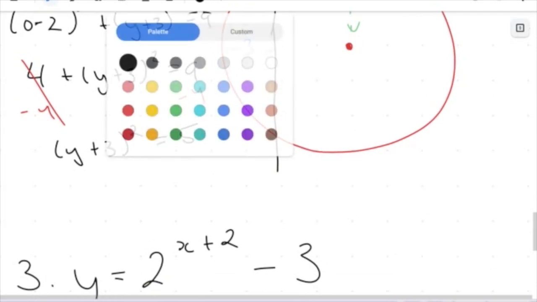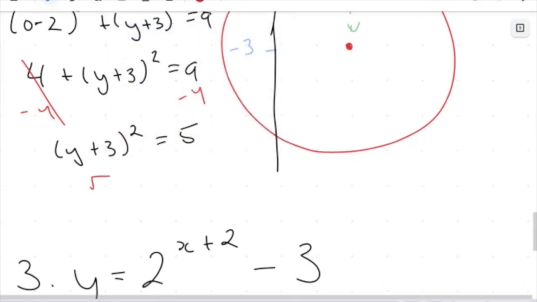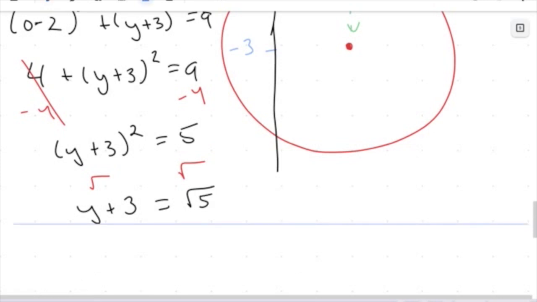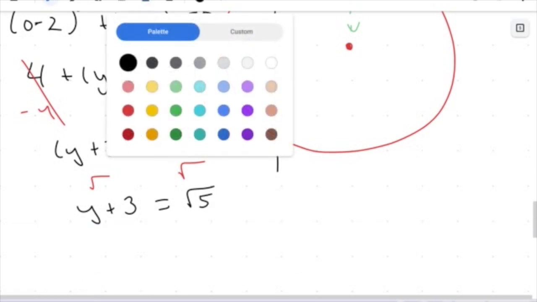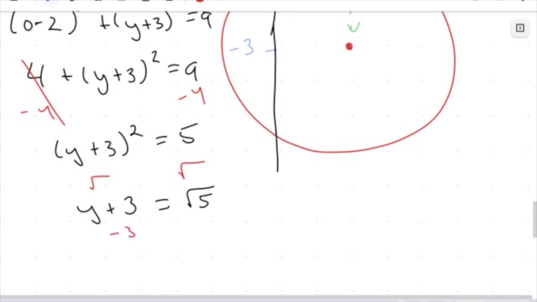I can take the square root of both sides now to give me y plus 3. This undoes the squaring on the left hand side and gives me the square root of 5 on the right hand side. And then finally I just want to subtract 3 from both sides.